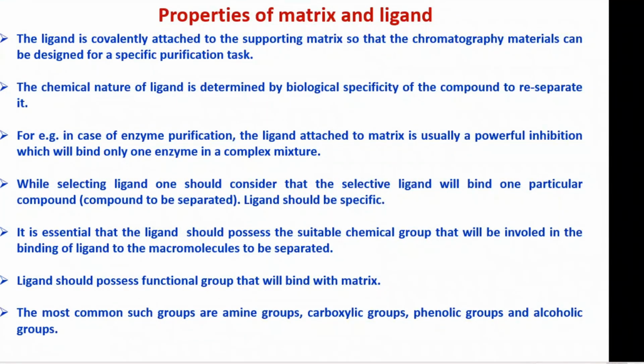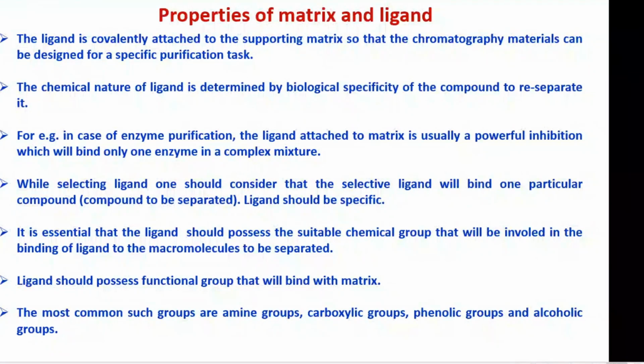When all other molecules are bound, then non-specific molecule separation will happen. So while selecting the ligand, we should be very careful. The selective ligand should bind only one particular compound, so the ligand should be very specific. The compound to be separated should be bound with this particular ligand molecule.